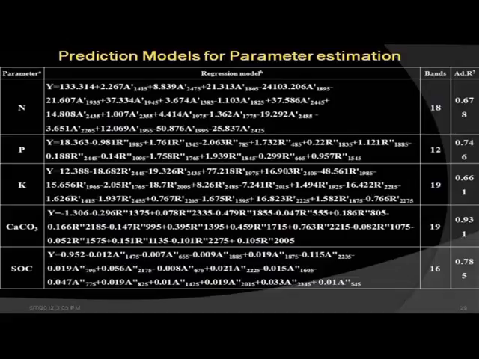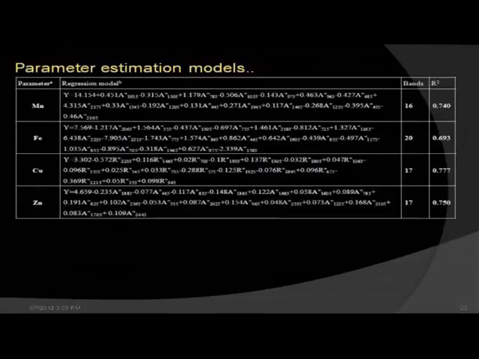The expression has a constant value here, and A prime means the first derivative of absorbance value, and the subscript is the wavelength at which that first derivative is taken. For example, R double prime means the second derivative of reflectance at 1985, the spectral value. Like this, all the prediction equations were developed.